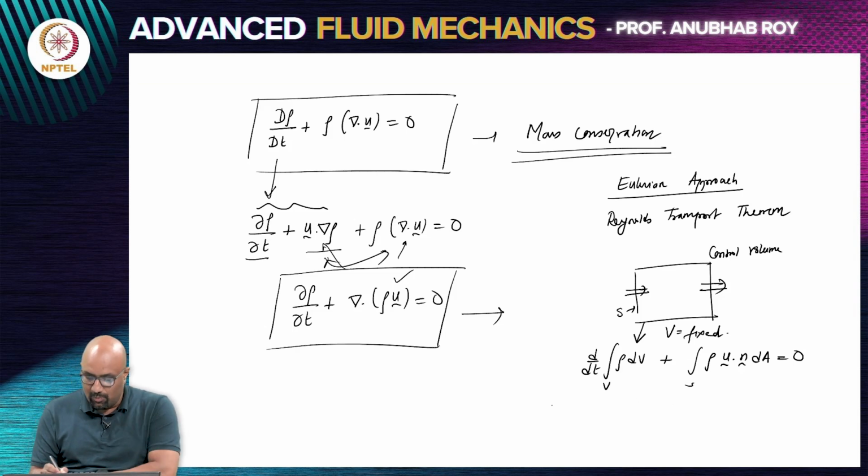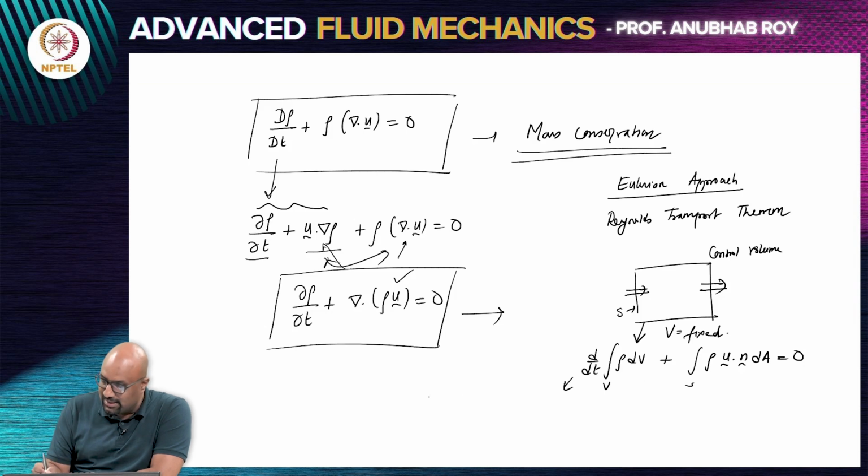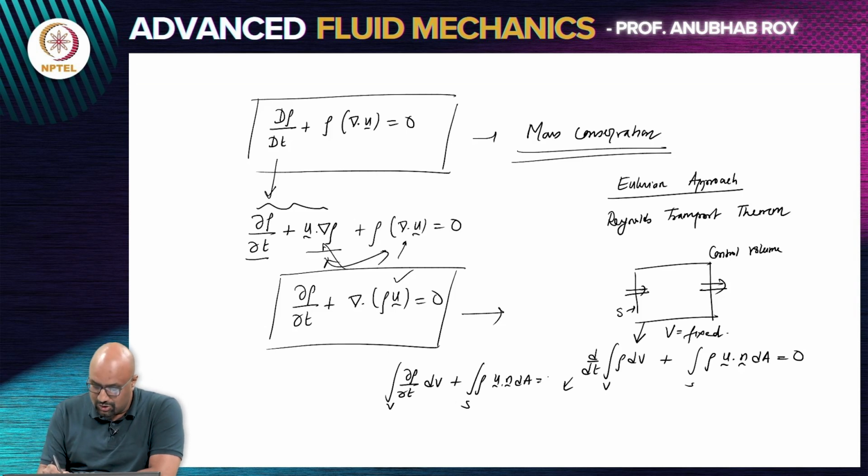Now, because this volume is fixed in space, I can take this derivative inside, in which case this becomes the integral of dou rho dou t dV plus the integral of rho u dot n dA. This is over a volume and this is over the surface. This should be equal to 0 because there are no sources of mass or sinks of mass inside the problem.